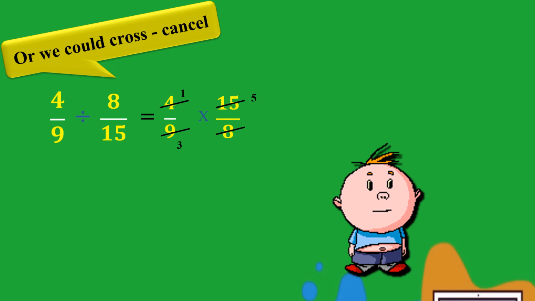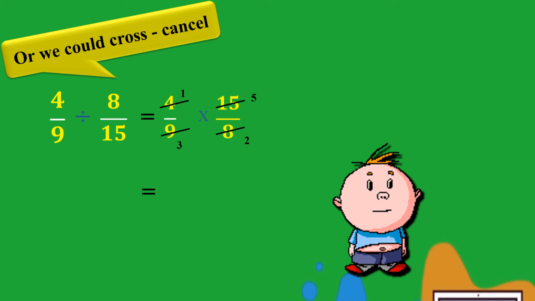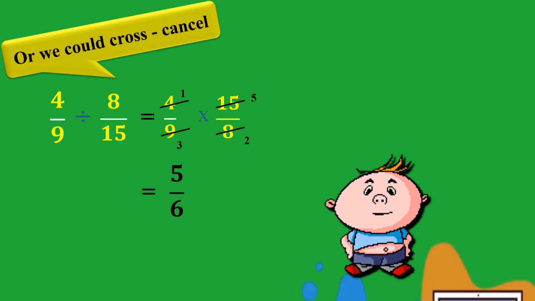So 3 times 3 is 9 and 3 times 5 is 15. In the same way, 4 times 1 is 4 and 4 times 2 is 8. Now we have the numerator as 1 times 5 is 5, and the denominator as 3 times 2 is 6. So it will be 5 upon 6.